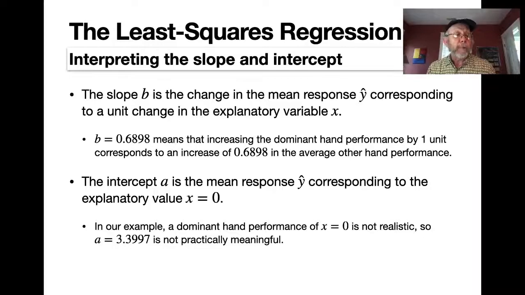And so the y-intercept of 3.3997 is not particularly meaningful from a practical point of view. We still need it, of course, to get the correct regression line. It just doesn't have a practical interpretation in terms of dominant hand and other hand performance.